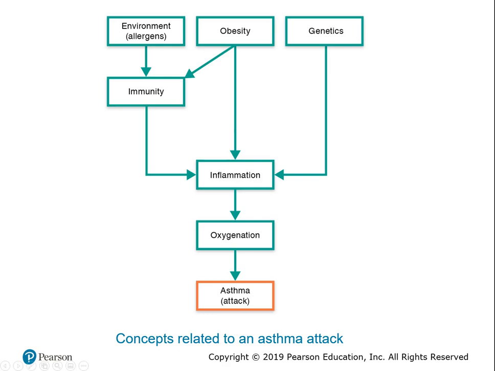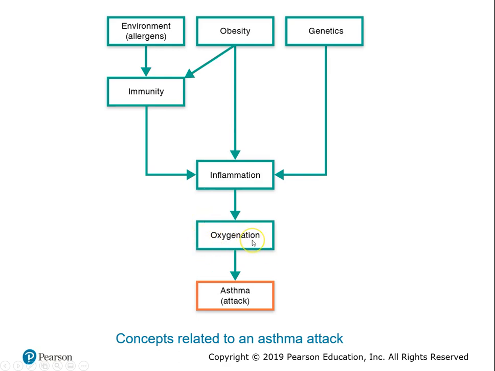There's also another one that the book goes through in terms of concepts related to an asthma attack. Things like obesity will lead to an increase in overall inflammation, inflammation of the airways, which again can cause constriction.